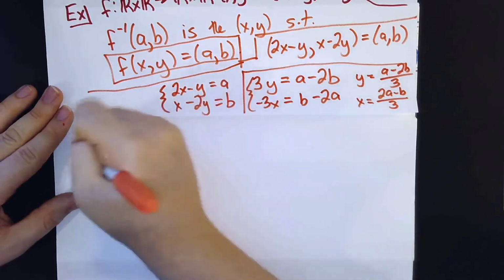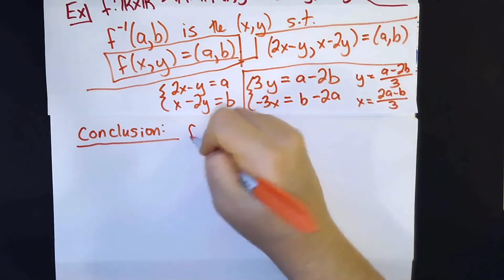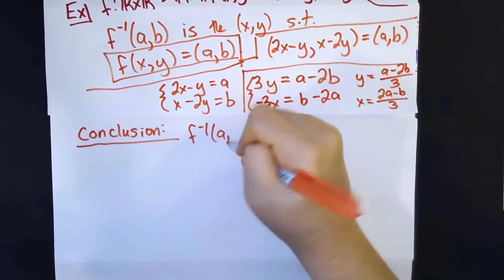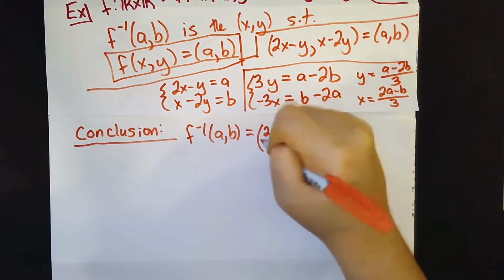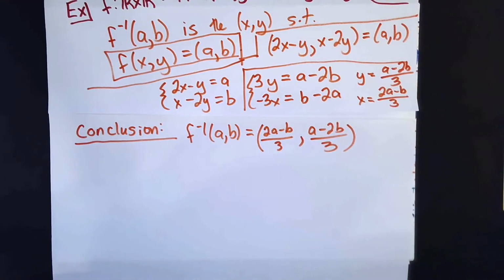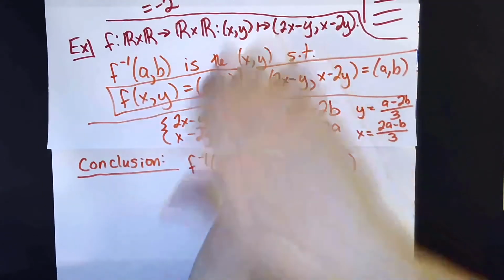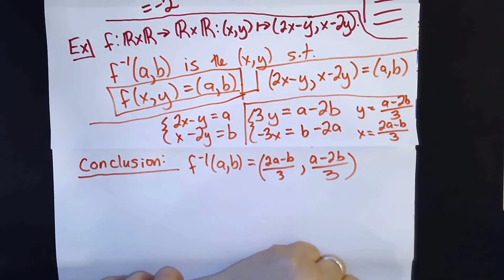And so what's my conclusion here? My conclusion here is that f inverse of (a, b) is that ordered pair. Now, if you have a good memory, you might remember that we did almost exactly this calculation when we were proving that this function was onto, which was part of proving that it was a bijection.